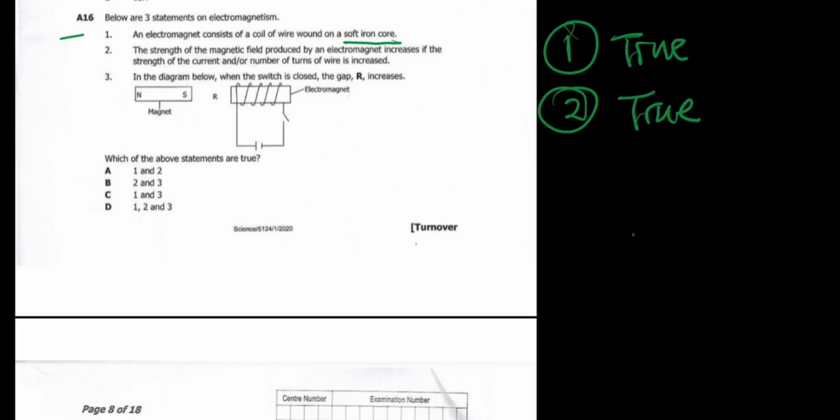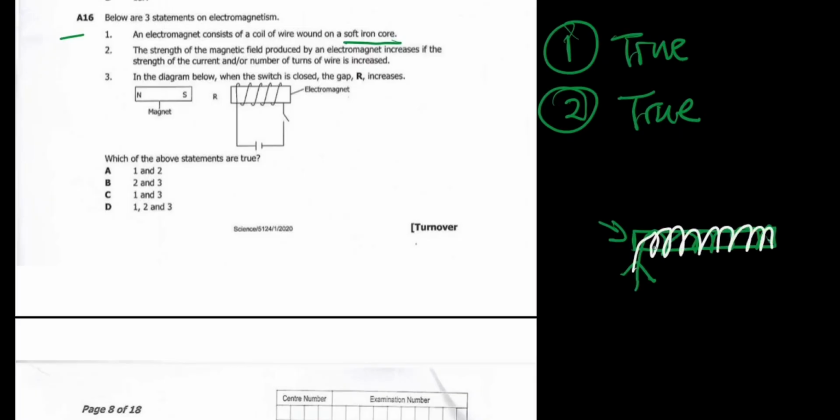The reason why that is true is if you have the iron core like this and you have the turns like that, remember that this electric current which passes through is able to produce magnetic fields along the coils themselves. And this iron core is going to increase those magnetic fields. If you increase the current, then you've increased the strength of magnetic fields.